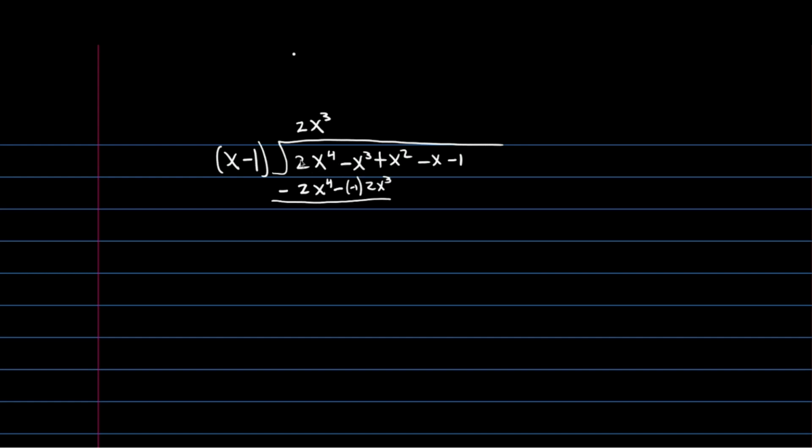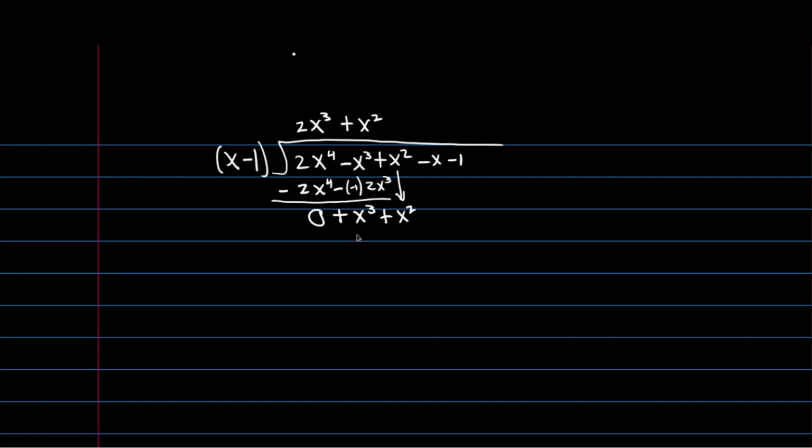Basically, we just follow the rules of long division as we would for numbers. The only difference is that we're using polynomials instead. 2x to the 4 minus 2x to the 4 is 0. X cubed plus 2x cubed is going to be x cubed. Bring down the next digit, plus x squared. And once again, we do this.